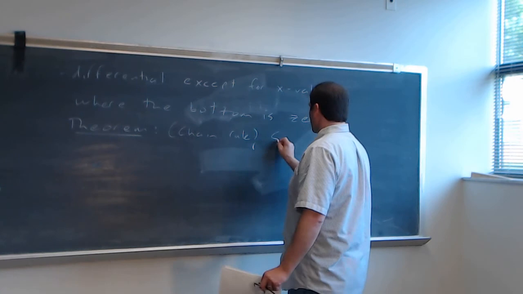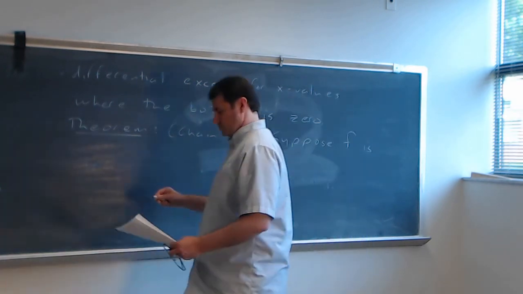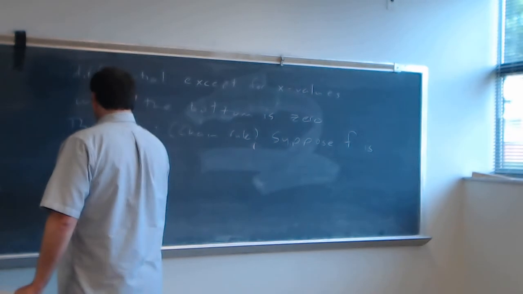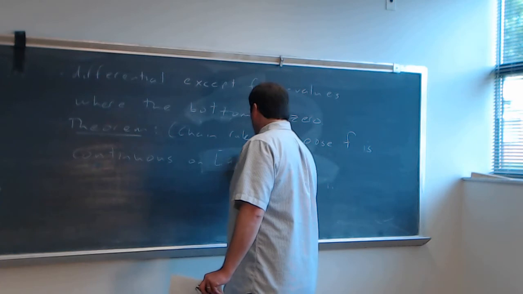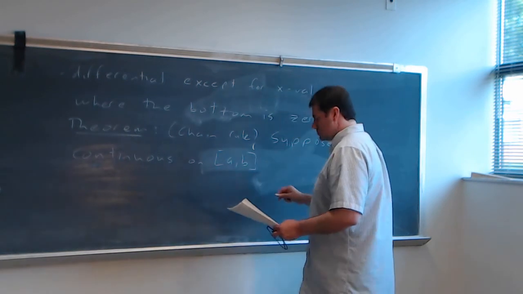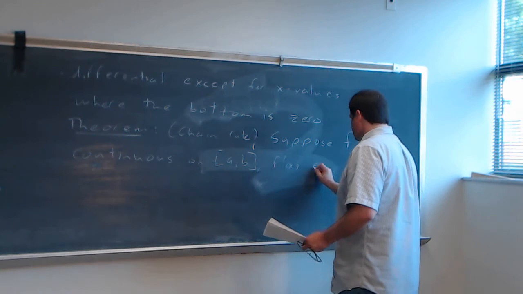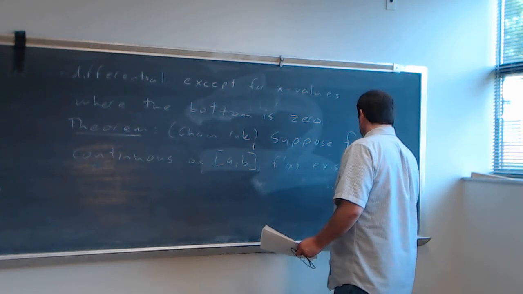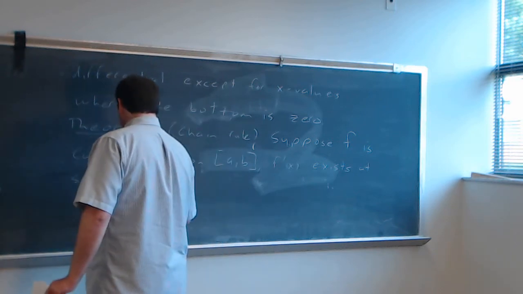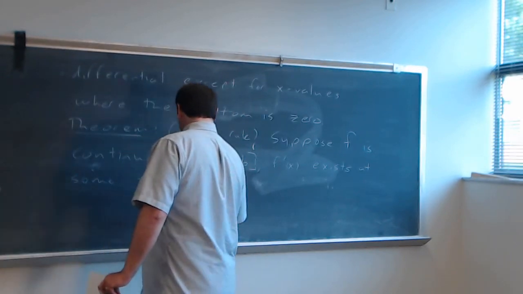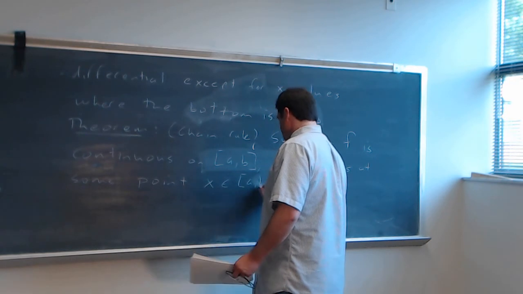It says, suppose f is continuous on the closed interval from a to b, f prime of x exists at some point x element of a to b.